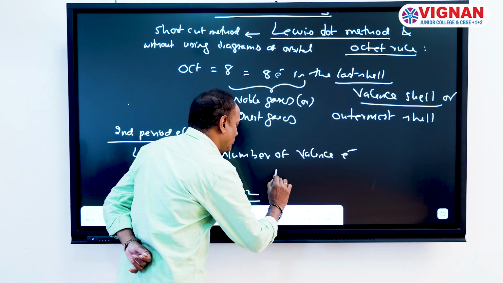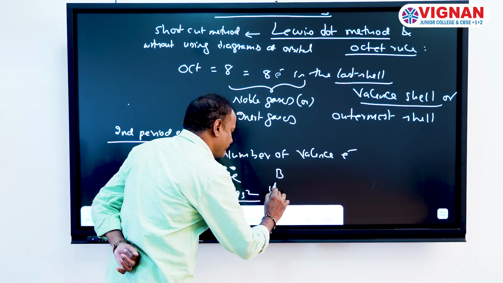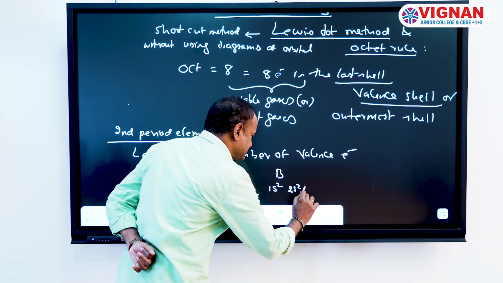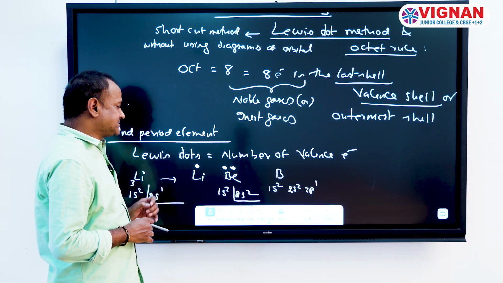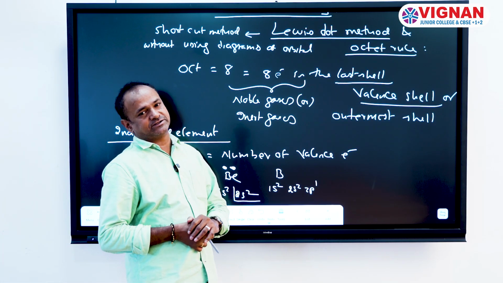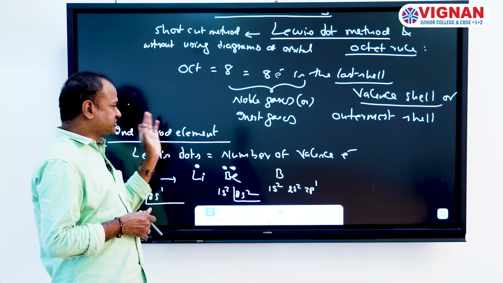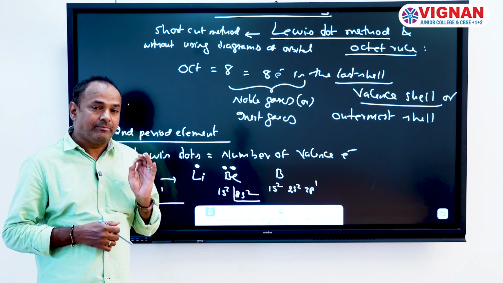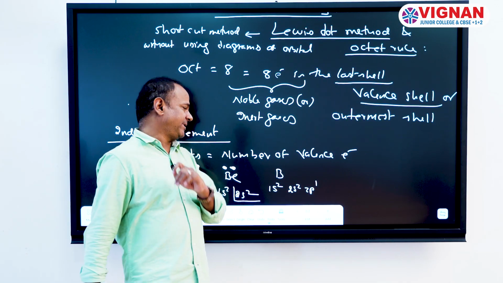Next, boron. Boron has atomic number 5, configuration 1s2, 2s2, 2p1. We want to consider the last shell electrons, not the last orbital electrons. There is a small confusion here: the last shell or outermost shell electrons, but not the last orbital. 2p1 is the last orbital, but we want the last shell, which means the second shell.